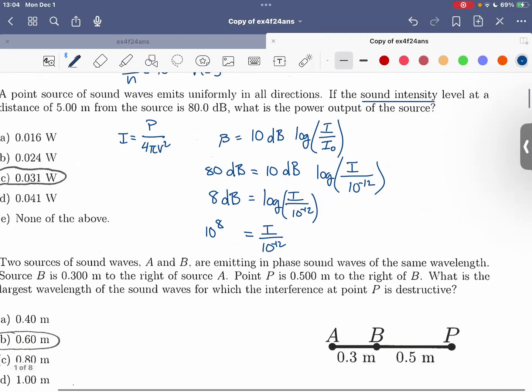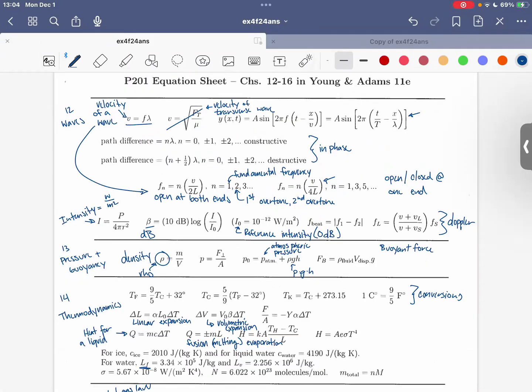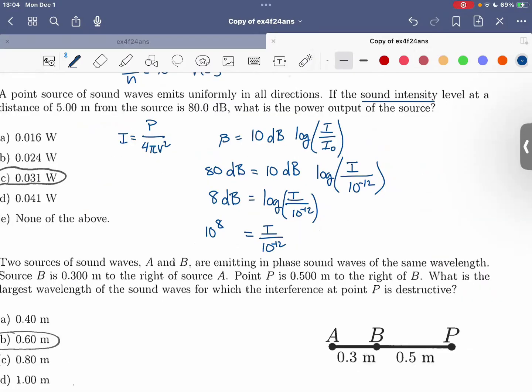And so we multiply both sides by 10 to the negative 12 times 10 to the negative 12. So these cancel out, and we're left with I is equal to 10 to the negative 4.